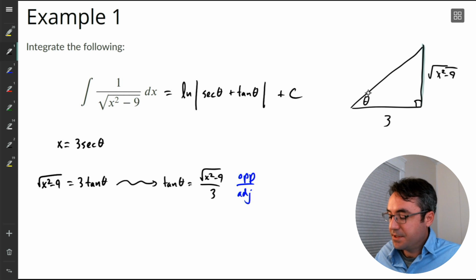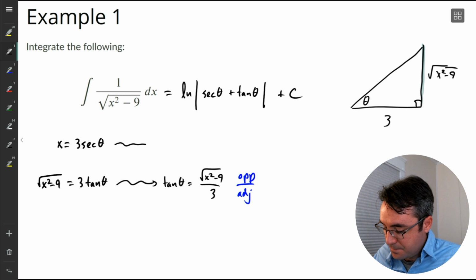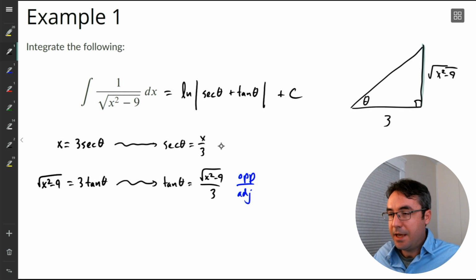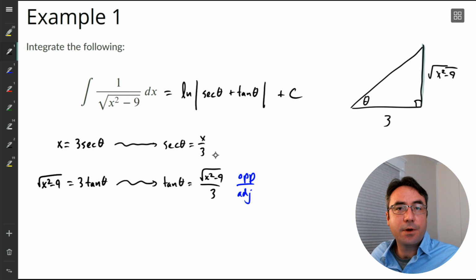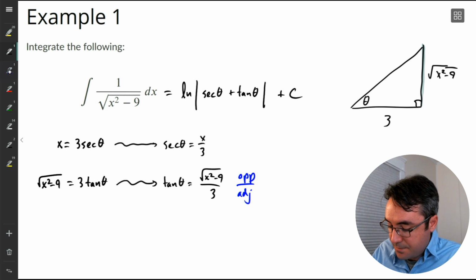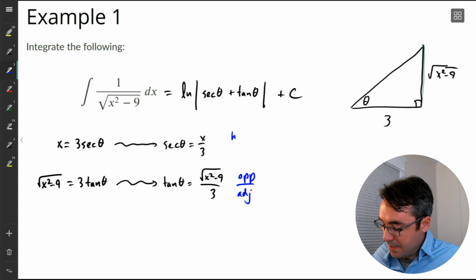And so what's the missing side? Well, maybe we figure that out from our secant term. So we solve for secant theta. Secant theta is x over 3. And we know secant is 1 over cosine. So what's the reciprocal of cosine? Well, it's hypotenuse over adjacent.